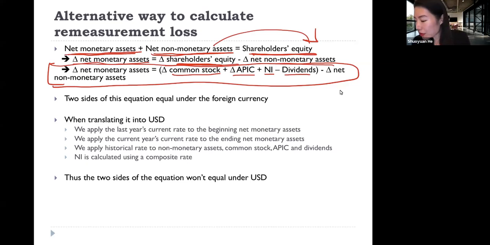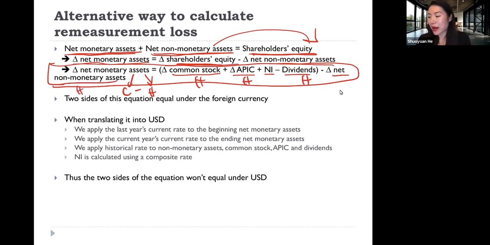So for example, for net non-monetary assets, we apply the current rate. However, it is the current rate at the end of the year minus the current rate at the beginning of the year, which is like the historic rate. And for common stock, additional paid-in capital, and dividend, we all apply the historic rate.